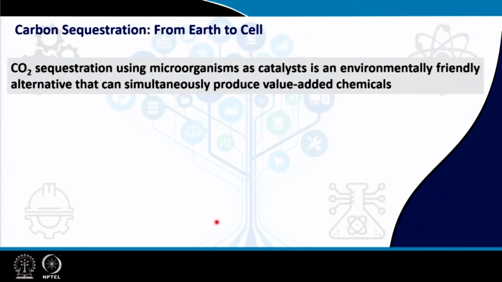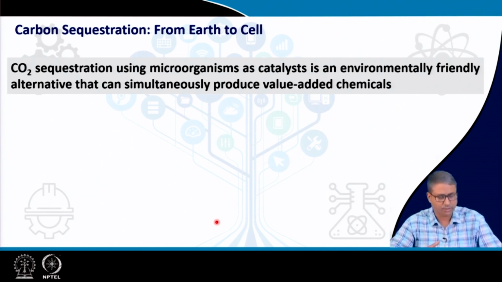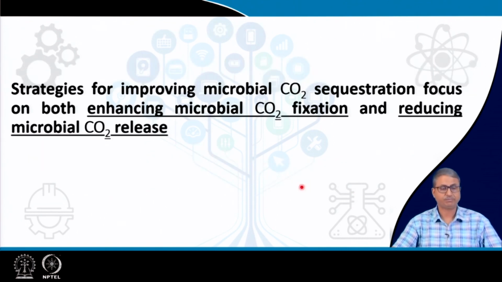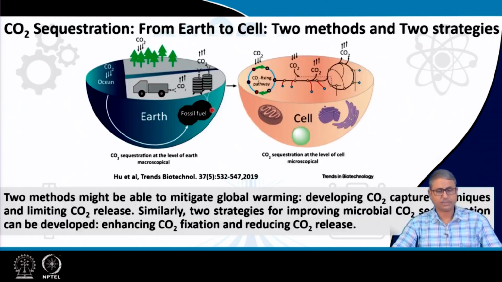Carbon sequestration from earth to cell is catalyzed by these microorganisms, where the microbes can remove carbon from the atmosphere and simultaneously convert it into valuable chemicals, and some of them can be used in bioenergy. Strategies for improving microbial CO2 sequestration therefore focus on two aspects: one is enhancing microbial CO2 fixation, and the second is reducing CO2 release. We will look into these two aspects briefly.